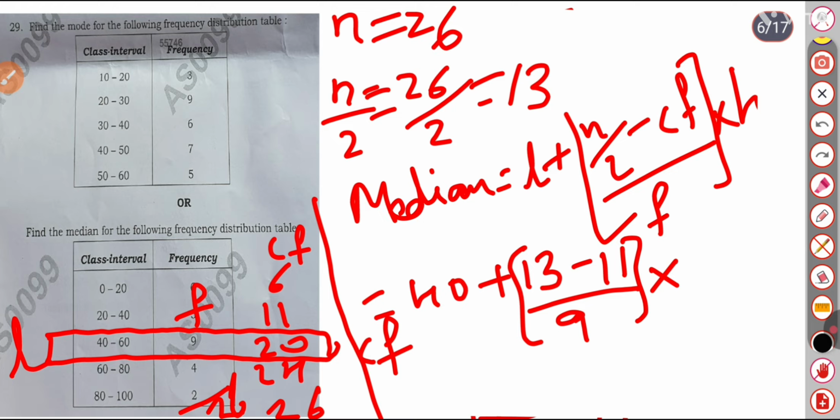Again the same, H is the size of the class interval from 60 to 40. What is the difference? That is 20.